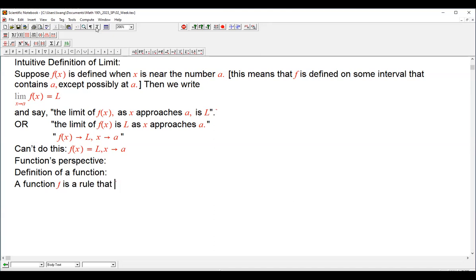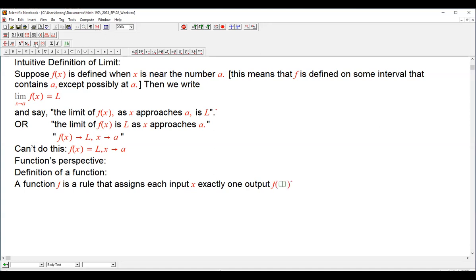This rule assigns each input, each element, exactly one output. So each input x gets exactly one output f of x.